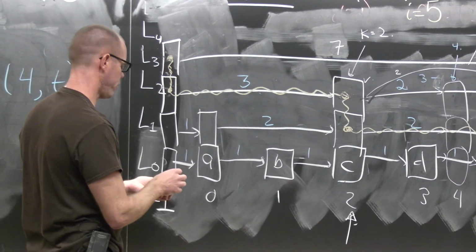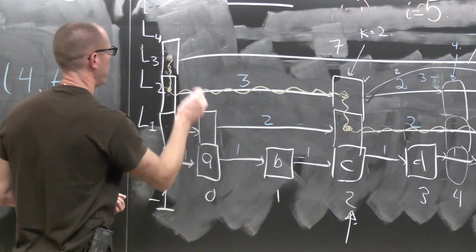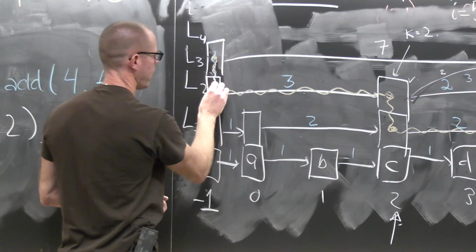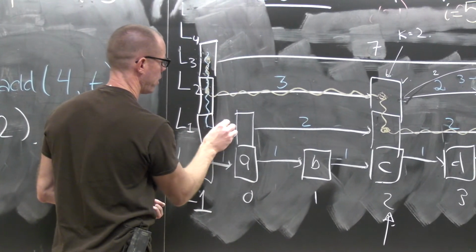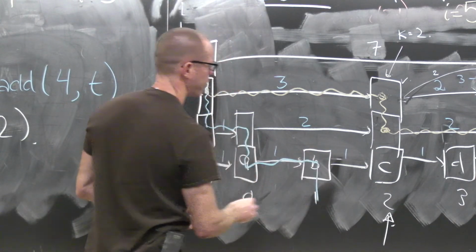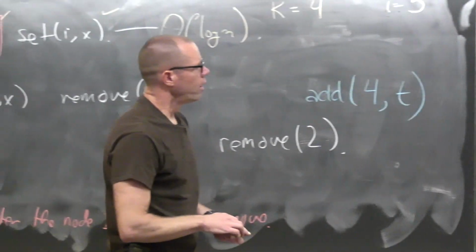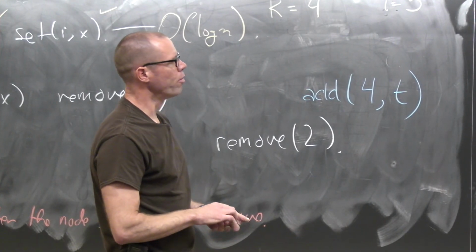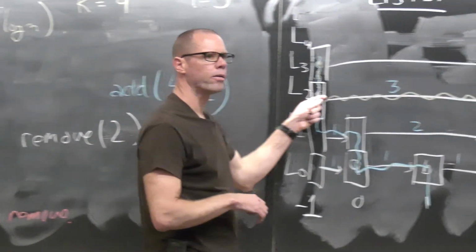So we follow its search path. Its search path looks like this. And on the way down, we should be removing it every time we see it.